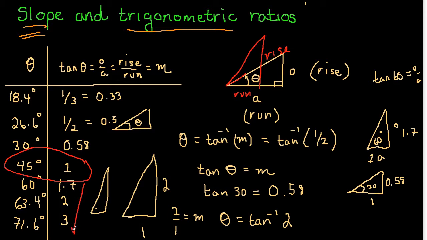So if the slope is greater than 1, then the angle is bigger than 45. And a similar observation here, if your slope is less than 1, then the angle is less than 45 degrees. Okay, and here, like a big increase in slope and not such a big increase in angle. So definitely non-linear relationship.